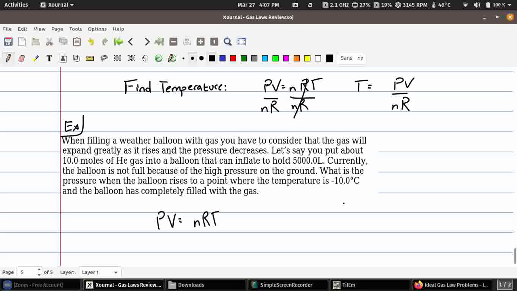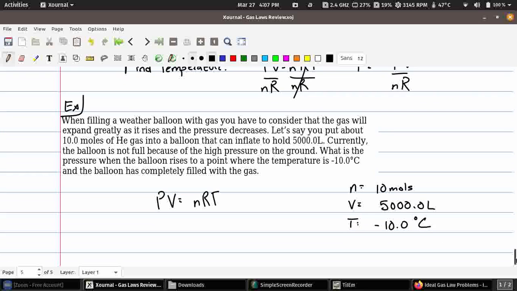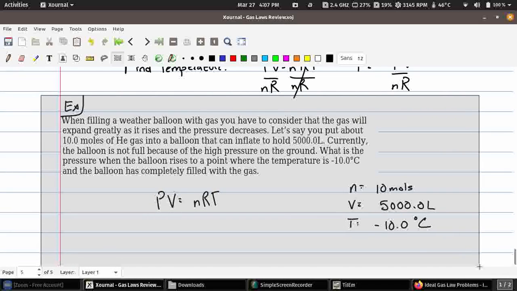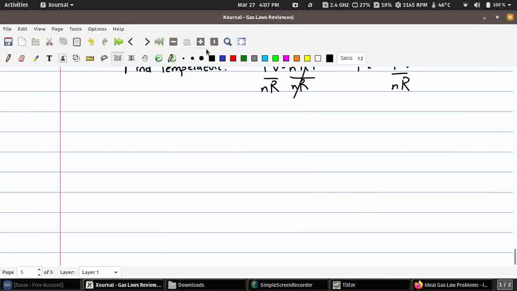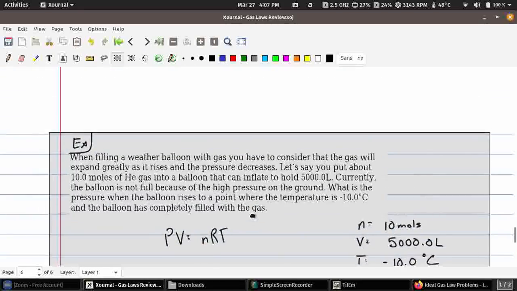So n equals 10 moles. We have a volume of 5,000 liters because that's the volume of the container. And then we have a temperature that we have to convert, but we have negative 10.0 degrees Celsius. So let's convert that. And actually, let me cut and paste this so we can go to the next page, and I actually have room to write.